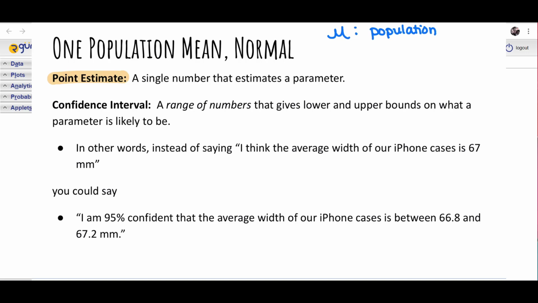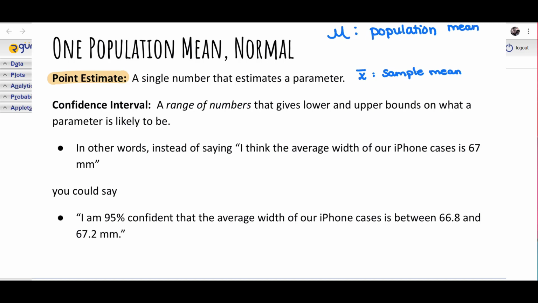If you're estimating a mean, you would start off by using the point estimate of a sample mean. And if you will recall, the notation for sample mean is x bar. Hopefully you have not forgotten, but if not, we are reminding you. I forgot to write population mean up here.